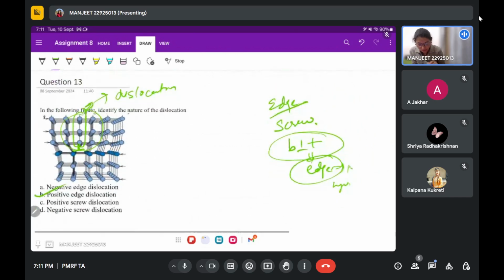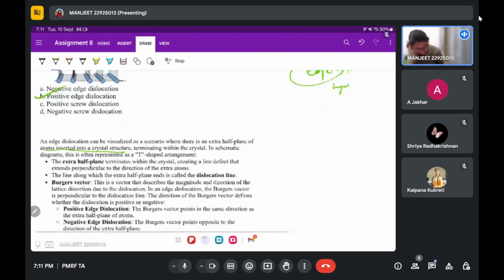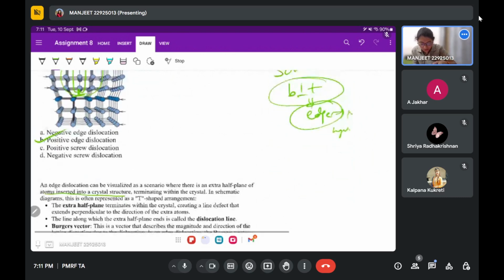You can see this is the T. The extra half plane terminates within the crystal, creating a line defect that extends perpendicular to the direction of the external stress. The line along which the extra half plane ends is the dislocation line vector. So this is the direction of the dislocation, and this is your Burgers vector.